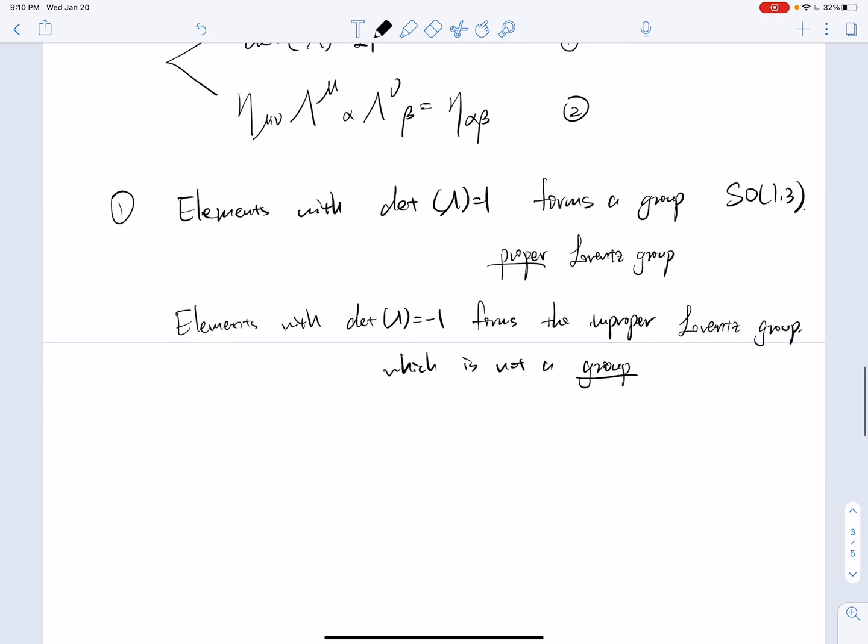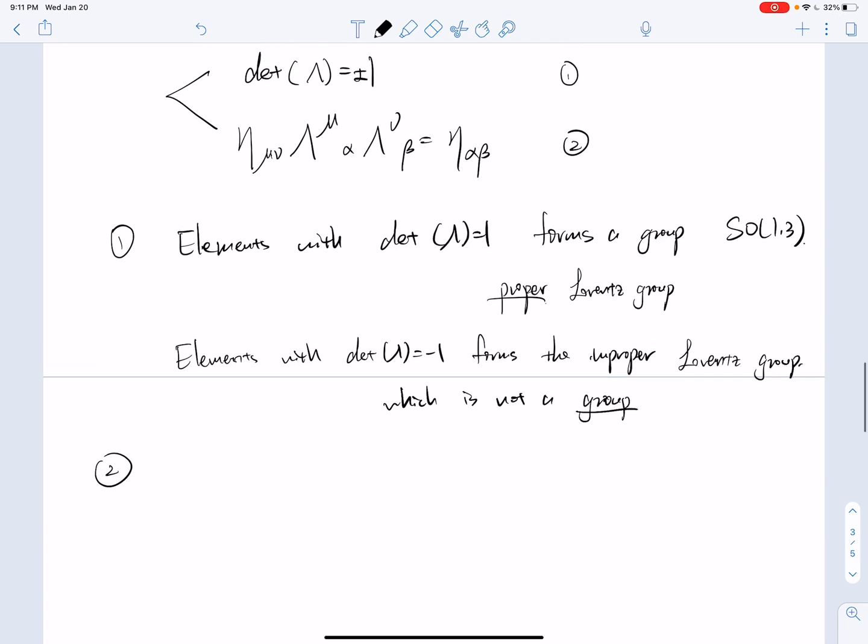So this is what the first identity tells us.